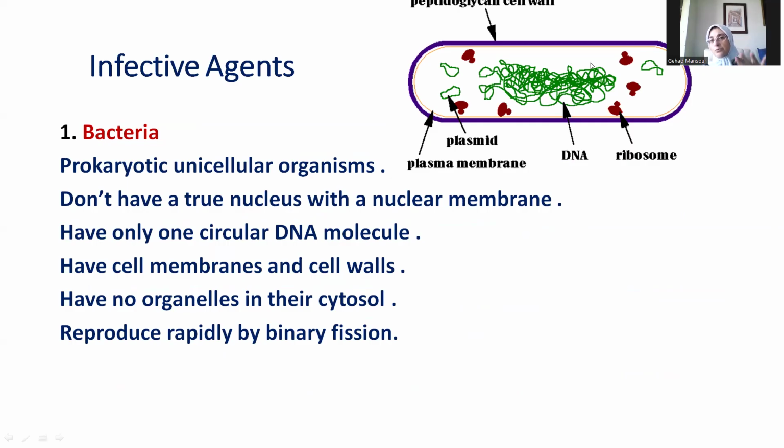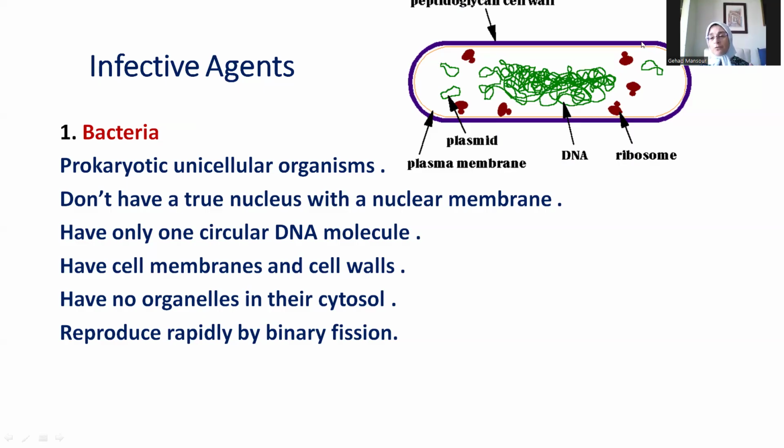Just like any other cell, they have a cell membrane. All living cells have cell membranes, so this is not a characteristic of prokaryotes. But one of the characteristics of prokaryotes is that they are unicellular.